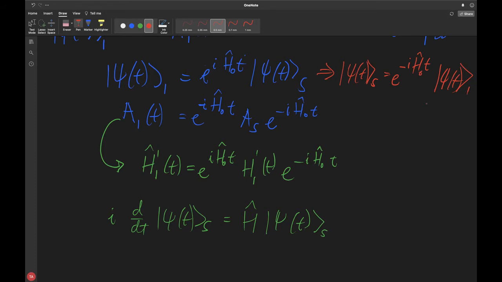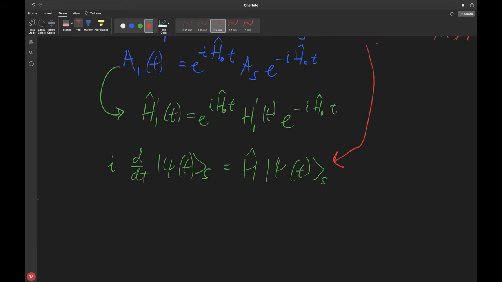So if I now plug this in to here, then I get that i times the derivative by time of this, plus minus i H0 operator at time t acting on the psi at time t in the interaction picture, is the same as the Hamiltonian.